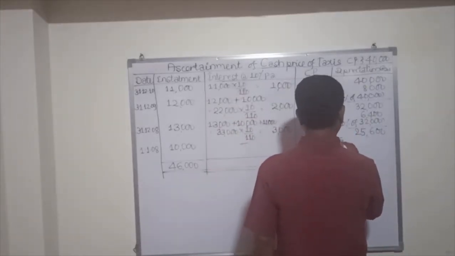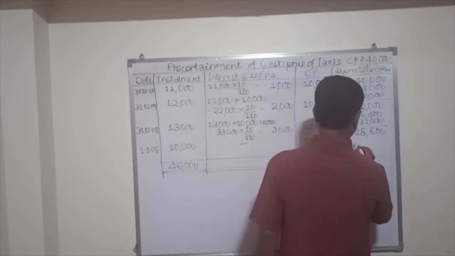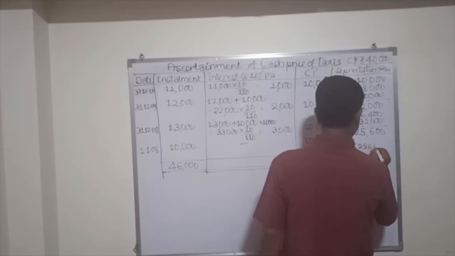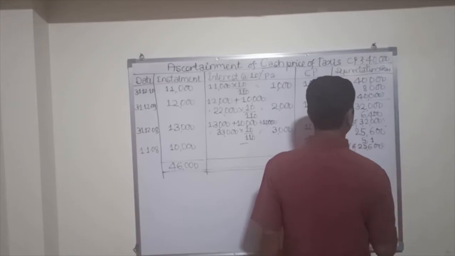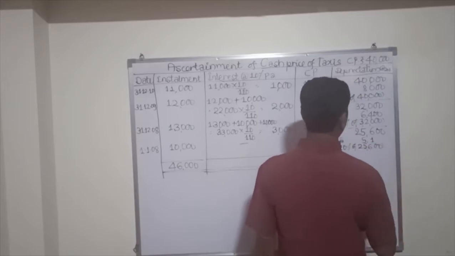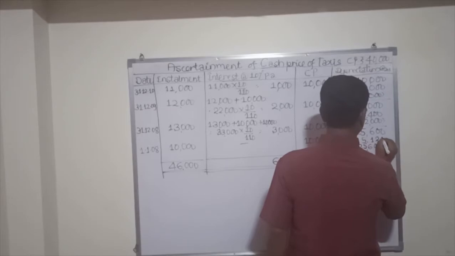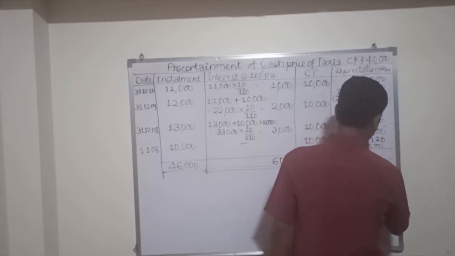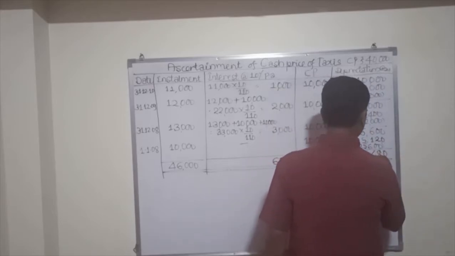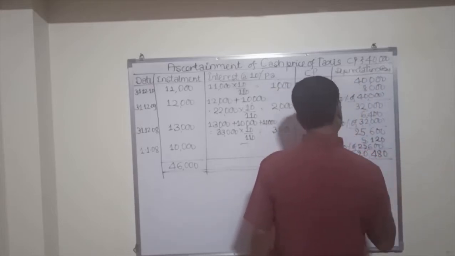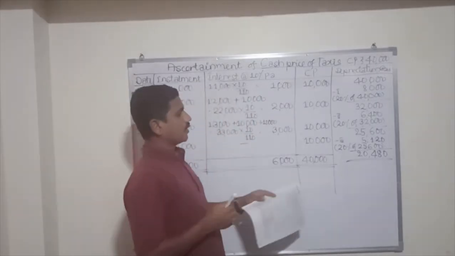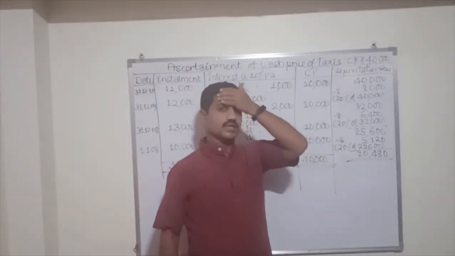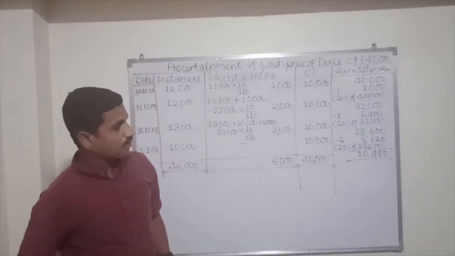Again third year, 20% of 25,600 comes to 5,120. The difference here is 20,480. So 20,480 rupees is the outstanding balance of the asset at the end of the fourth year.